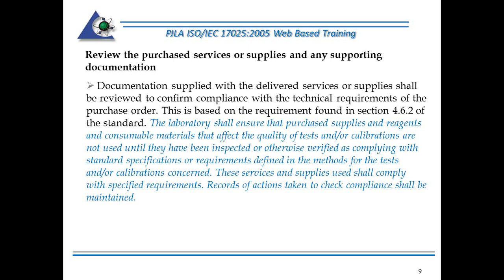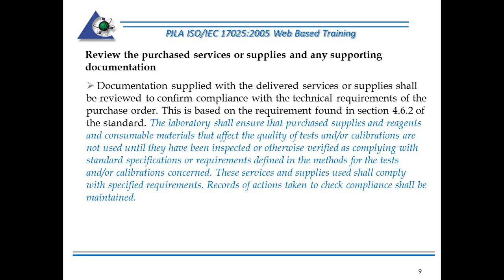This means when you receive supplies of any kind, be they reagents or consumable materials, if they are the type of materials that are controlled by the purchasing procedure, in other words, they affect the quality of test and calibration results, then they have to be confirmed upon arrival, and this is done through study of documentation.